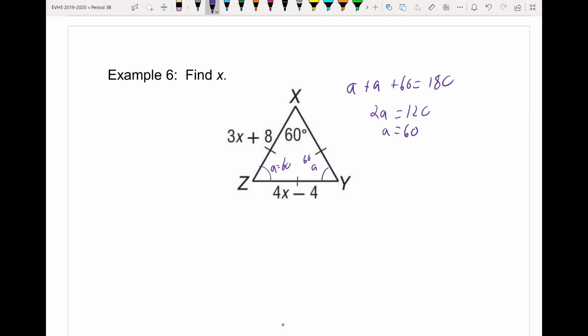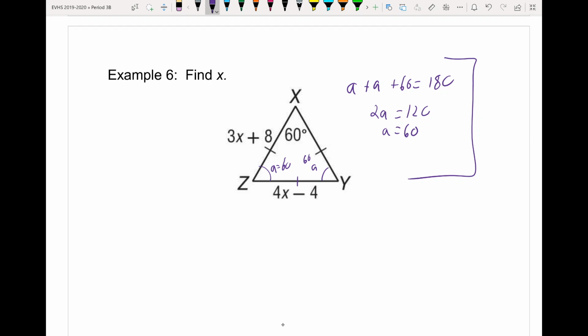The comment was that it's obvious that it's equilateral because that's 60, these two are equal. Yes, you're right. You went through an entire logic process in your head that I just wrote down right there. All I'm doing is writing it down so that we have proof for it. Okay, so now that we know it's equilateral, now we can.